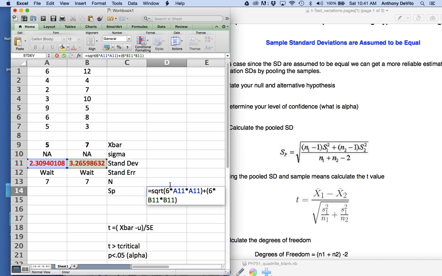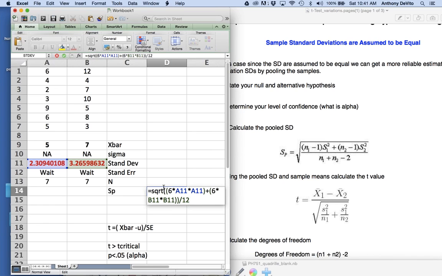Now I'm going to want to resolve that whole top part as one calculation, so I'm going to put all of that into parentheses. And I'm going to divide that by n1 plus n2 minus 2. That's 7 plus 7 is 14 minus 2 is 12. Right? And that division's got just a number over there.